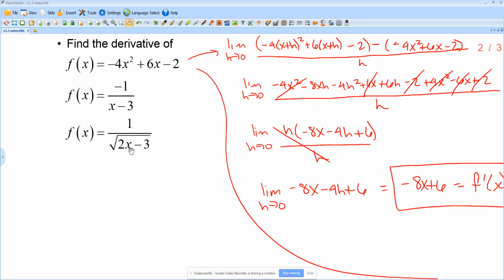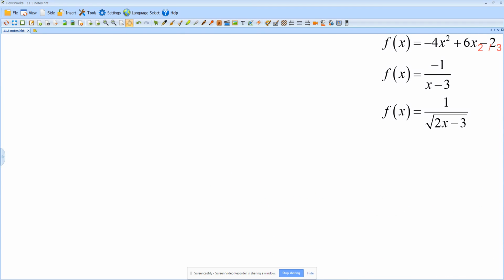Whew, we're going to get through this. f of x equals -1 over x minus 3. So I want the limit as h approaches 0 of -1 over (x plus h minus 3) minus -1 over (x minus 3), all over h. Again, I'm going to have to get a common denominator here.